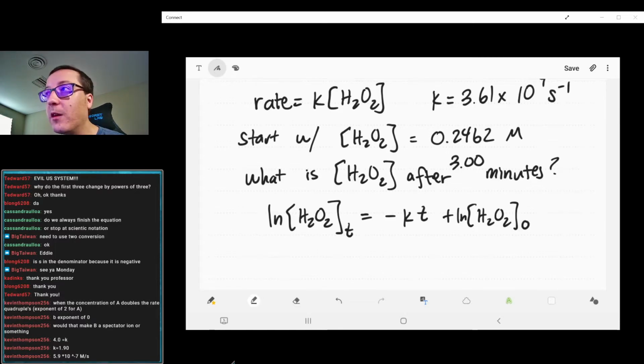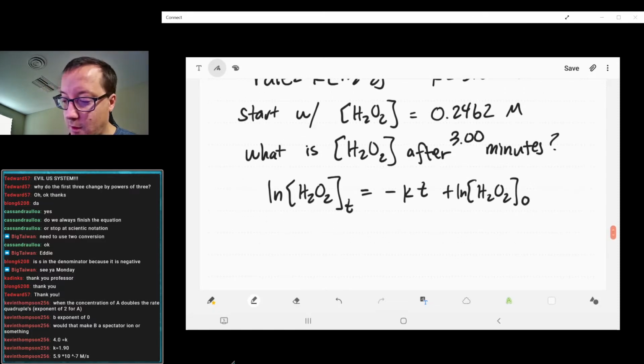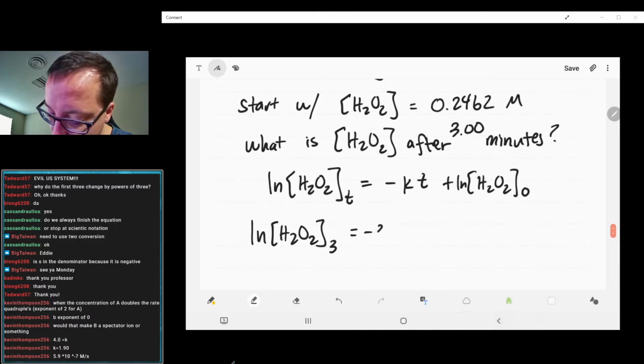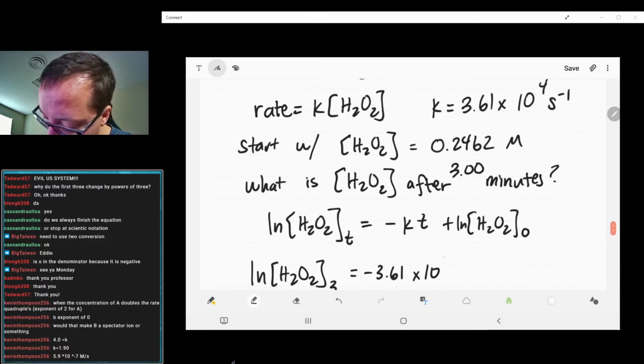So we can figure out all this stuff, right? Let's go ahead and plug in some numbers. So we know that the natural log of our hydrogen peroxide is equal to, k is going to be 3.61 times 10 to the fourth.